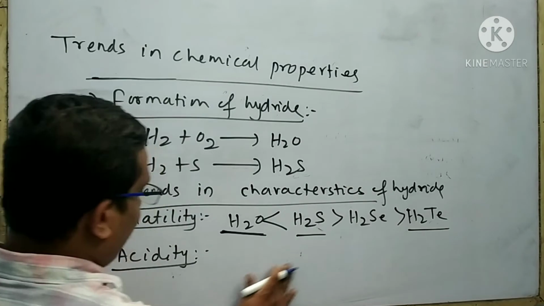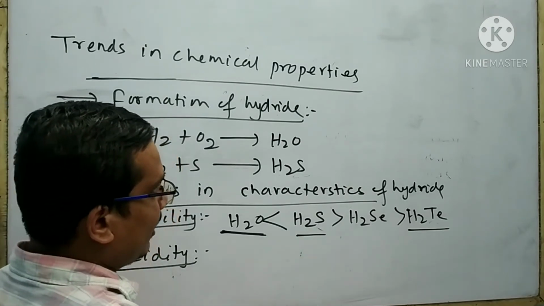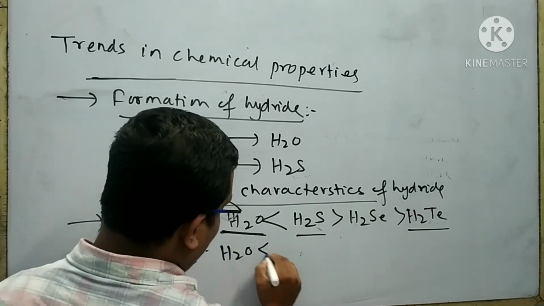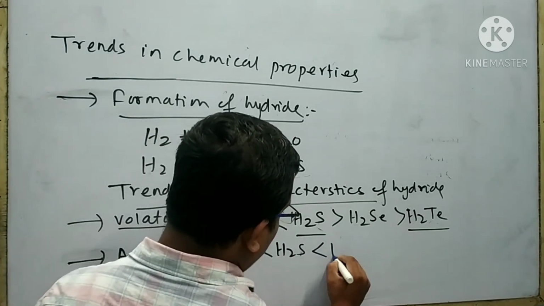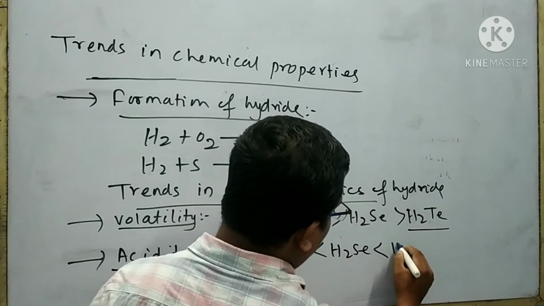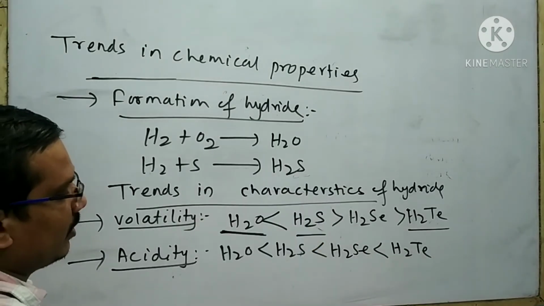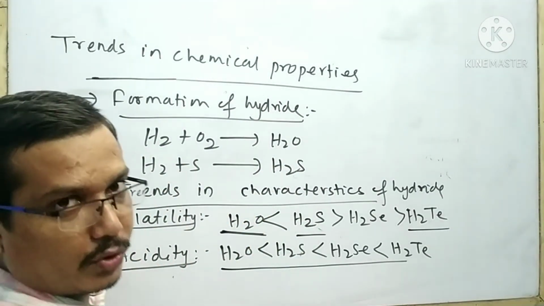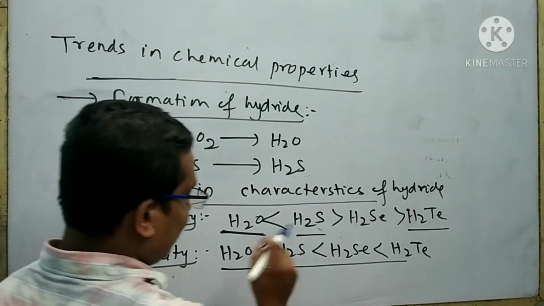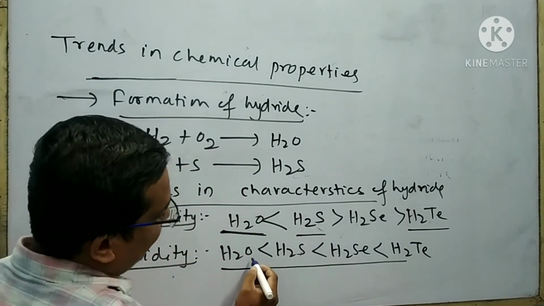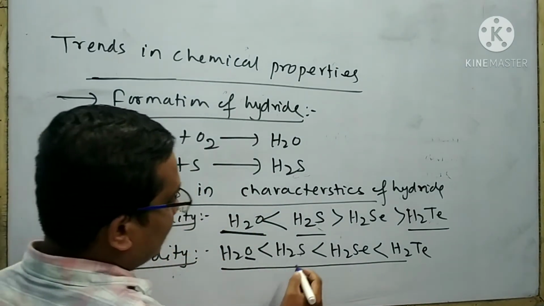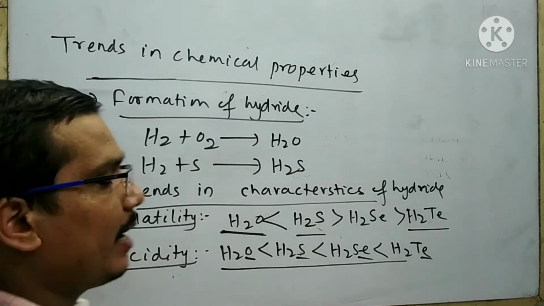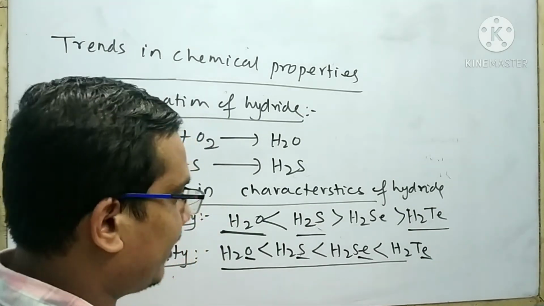Next characteristic of hydrides is acidity. The increasing order of acidity of hydrides of group 16 elements is H2O smaller than H2S smaller than H2Se smaller than H2Te. This increase in the acidic strength of hydrides of group 16 elements is due to the increase in the size of the central atom present in the hydride.